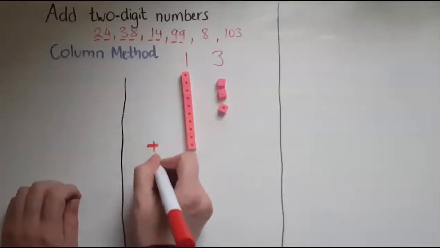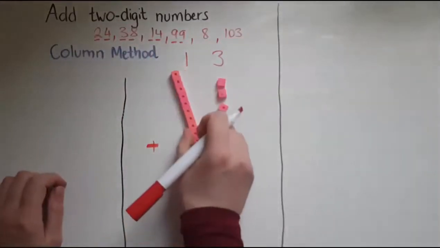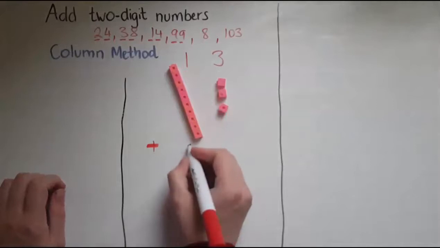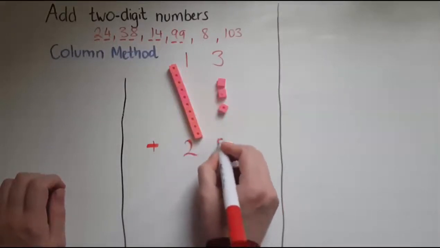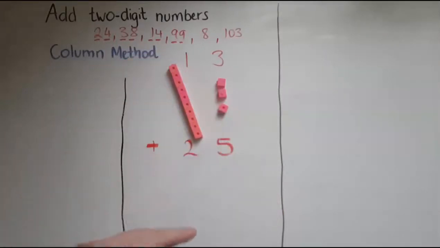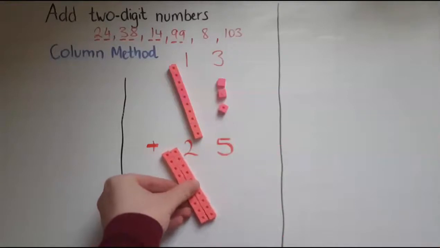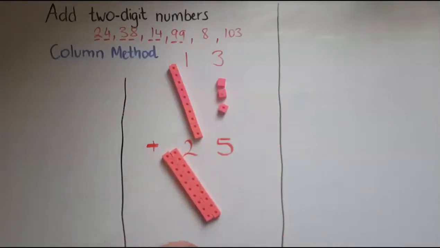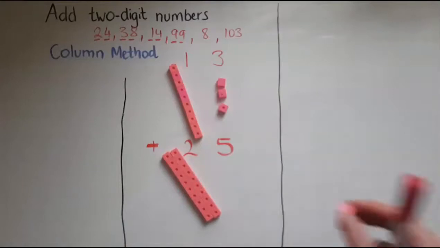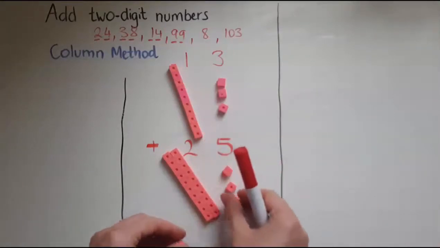Plus, I'll add to it 25. So I've got 13 add 25. So 25, there are 2 blocks of 10 and 5 single small cubes.